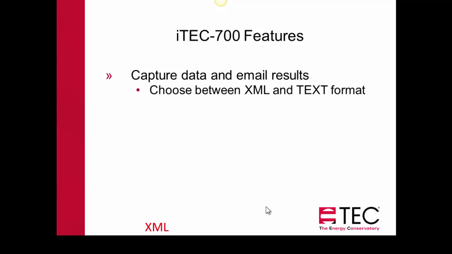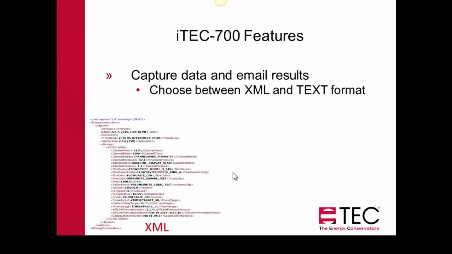XML is computer language, is probably the easiest way to describe it. So if you have a software that you want to bring this data from your test into, this is the lingo that'll allow you to do that. So that's really the only application you'd have for XML.